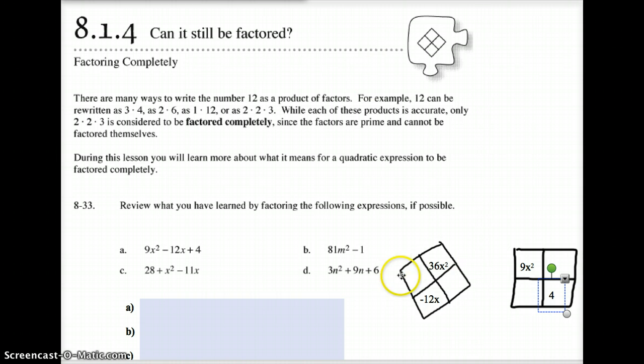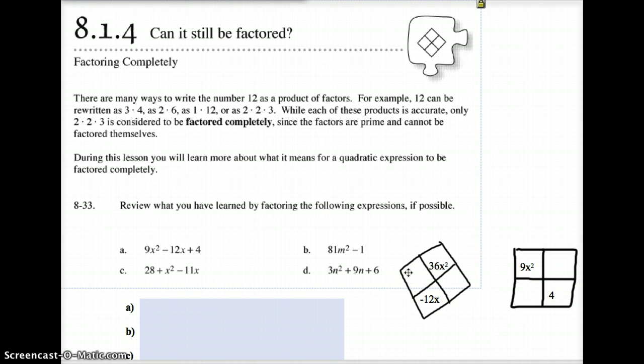So now help me out here. Think of two numbers that multiply to make a positive 36x squared but add up together to make a negative 12x. Let's see, multiples of 36. We've got 36 and 1, that won't work. 18 and 2 will not work. 12 and 3 doesn't work. 9 and 4 doesn't work. 6 and 6, hey, 6 and 6 work.